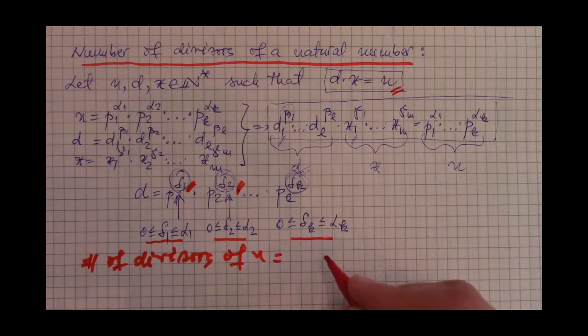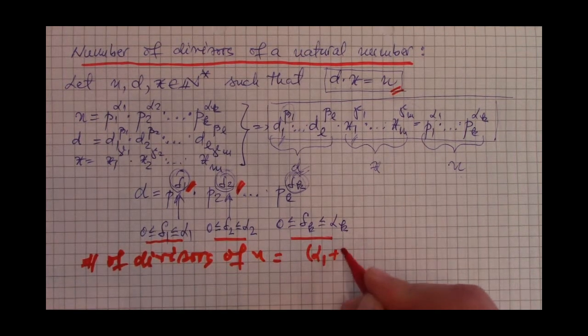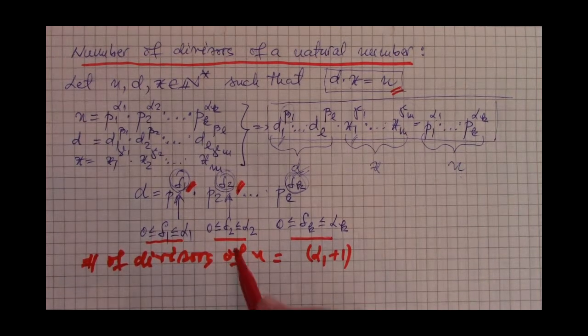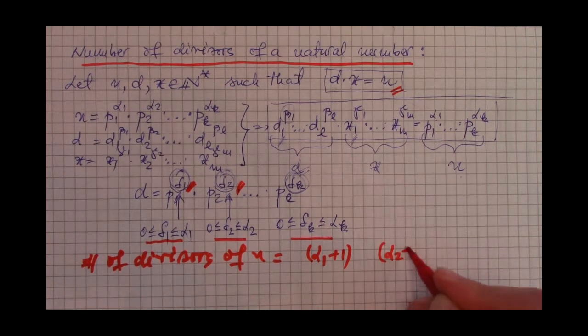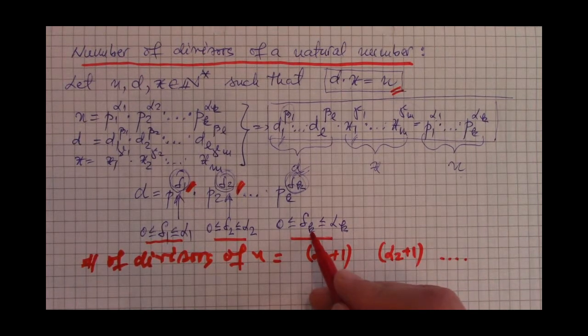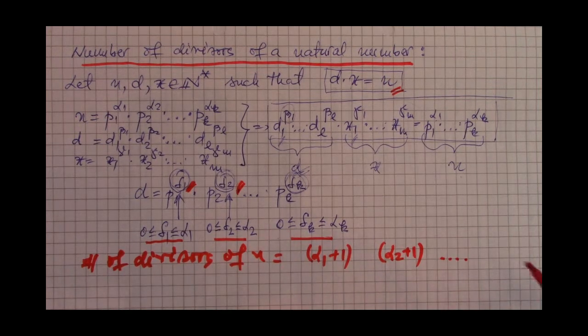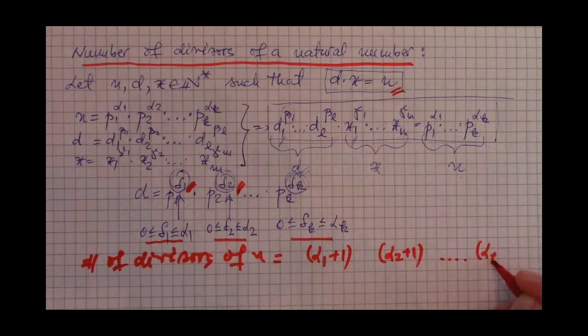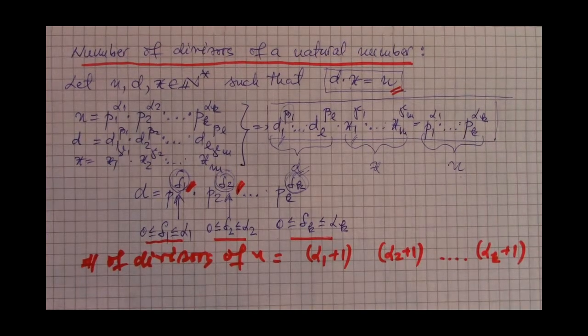So for delta 1 we have alpha 1 plus 1 many options. For delta 2 it goes from 0 to alpha 2, including both, so we have alpha 2 plus 1 many options. And so on. For delta k, it goes from 0 to alpha k, so we have alpha k plus 1 many options.